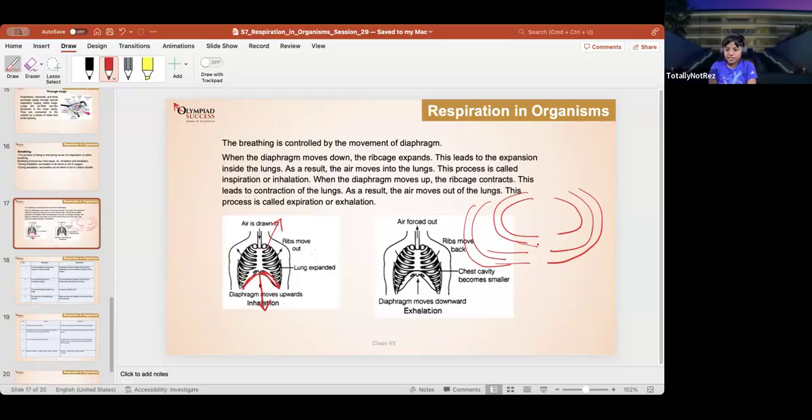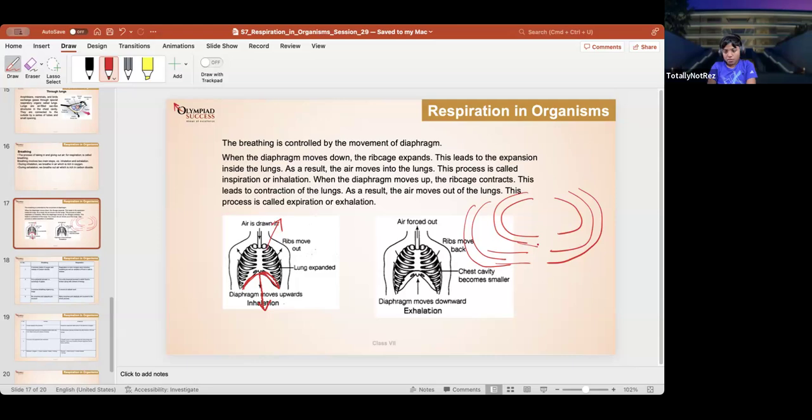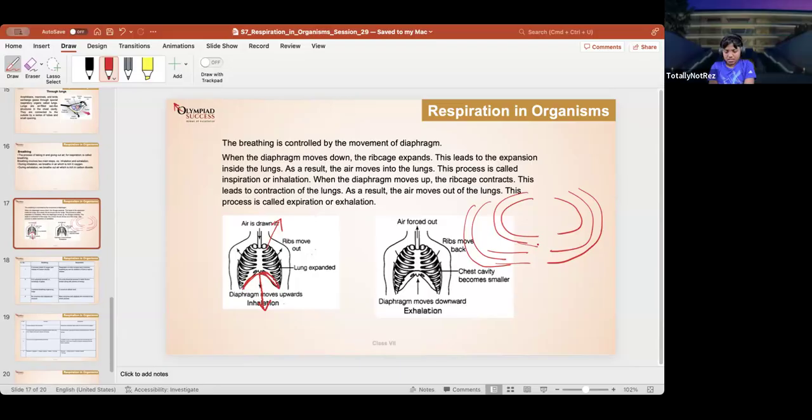Yes. And what about outside the thorax? Environmental air pressure is more. And things move from higher pressure to lower pressure. So air will move from outside towards the inner side. Right?